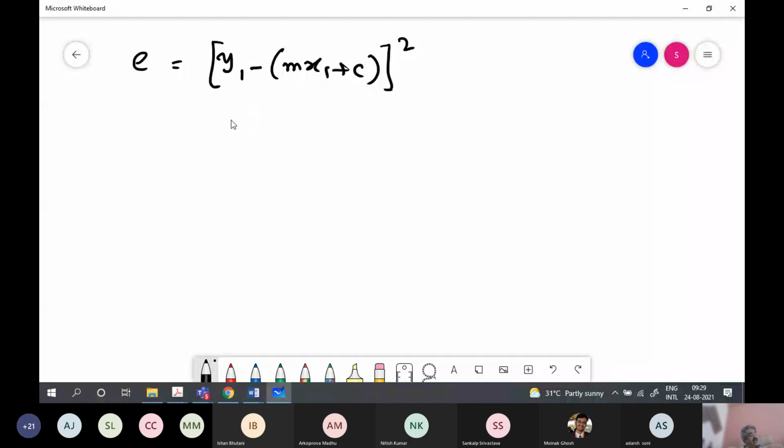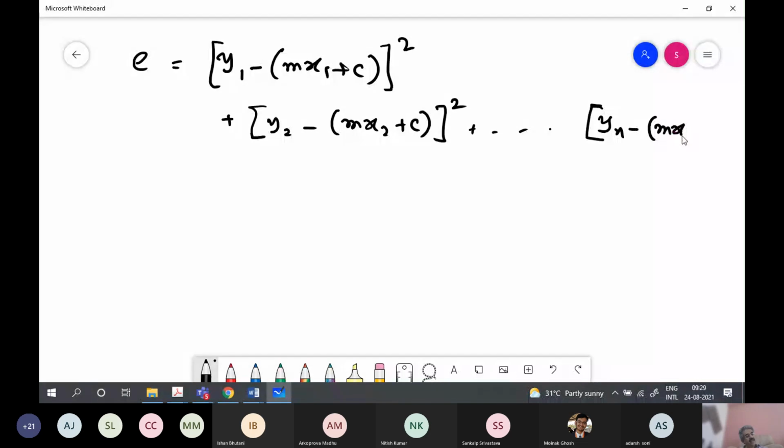This is the first point's error, plus y2 minus (mx2 plus c) whole square, the second point's error, plus, up to the nth point. Here some 5-6 points are given. yn minus (mxn plus c) whole square.